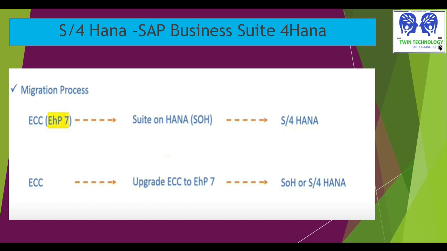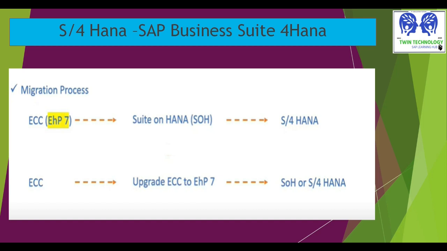Some organizations migrate from ECC directly to S4 HANA, or it will be processed step by step. Okay, so a simple way to understand: SAP HANA means only the database migration changes. That means only the background database, data storing changes, the front-end screen does not.